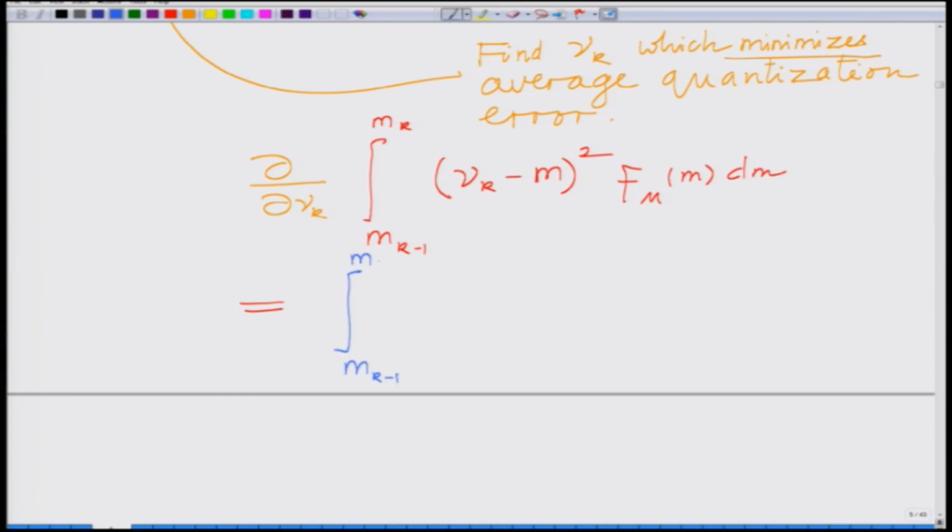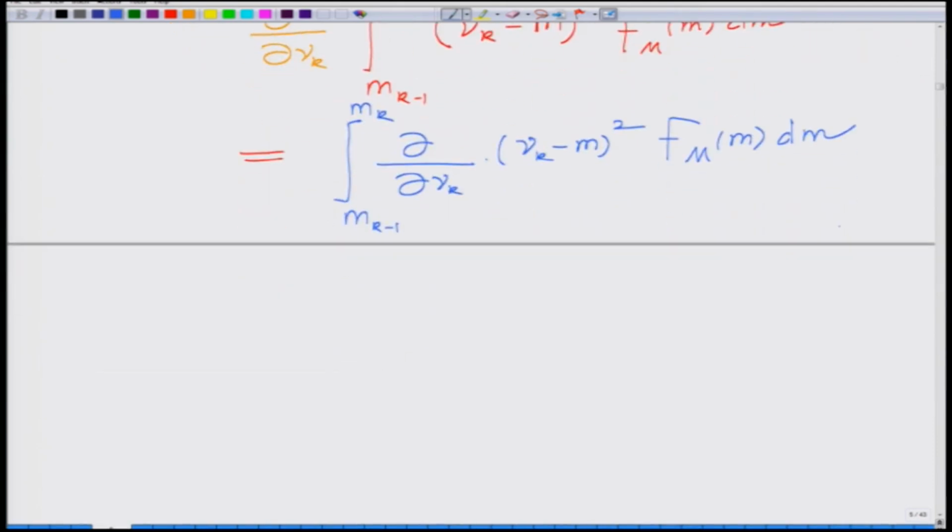So this is equal to the integral from m k minus 1 to m k of the partial derivative with respect to nu k of (nu k minus m) whole square, times f of m. Now, observe that only this portion, (nu k minus m) whole square, depends on nu k, and the derivative with respect to that is fairly straightforward.